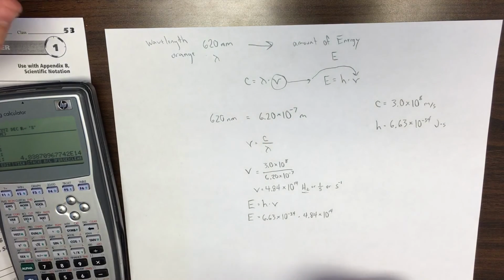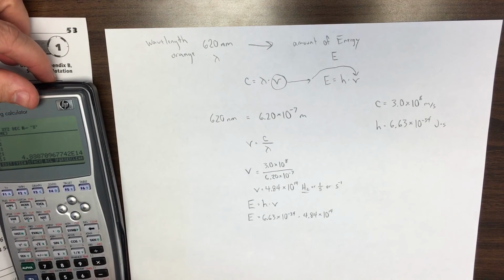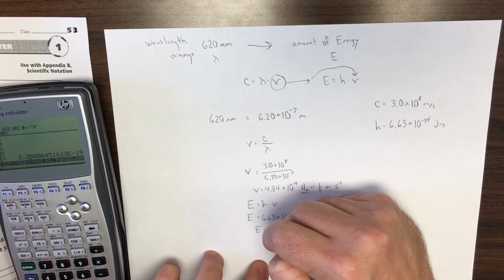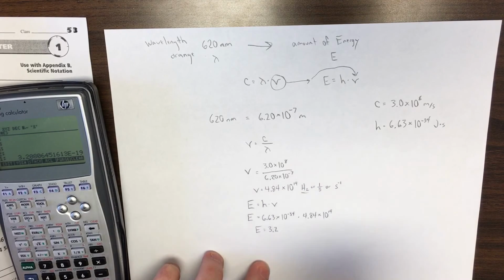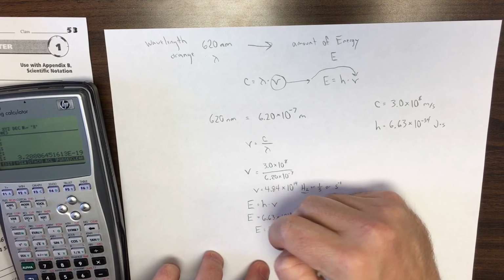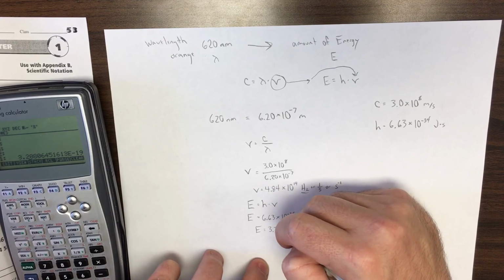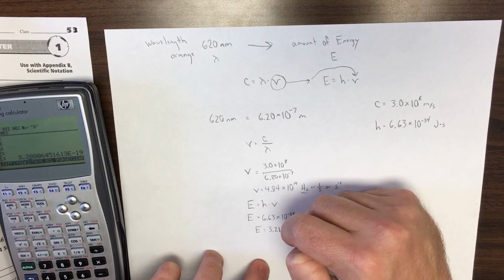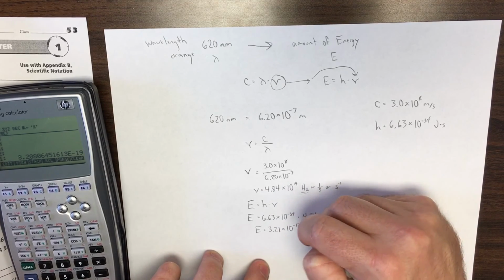So now it's just a quick calculator. And a photon of orange light hitting you from your giant pumpkin you're carrying around to steal candy from children is going to have 3.21 times 10 to the negative 19th joules.